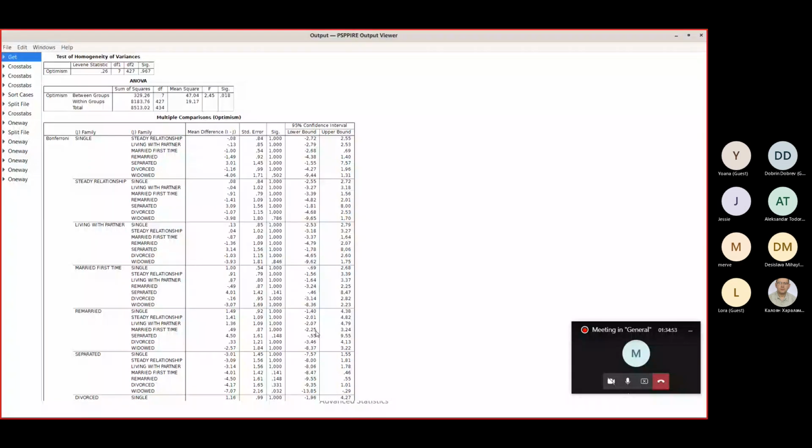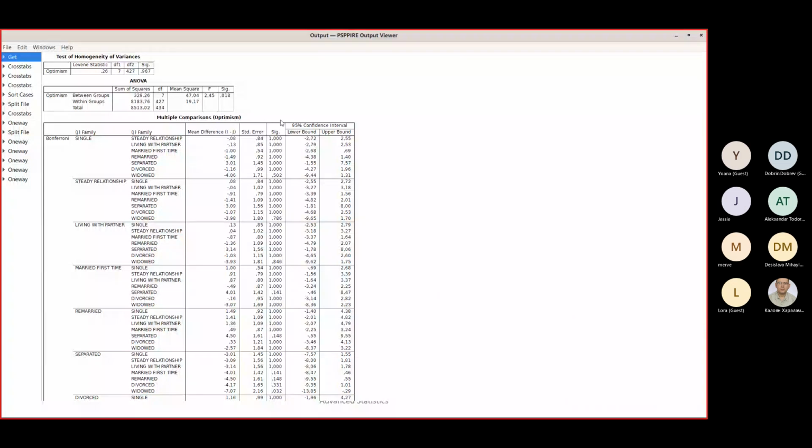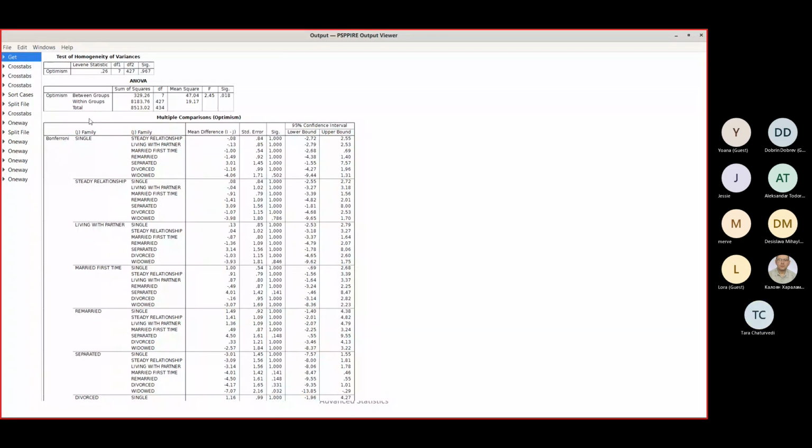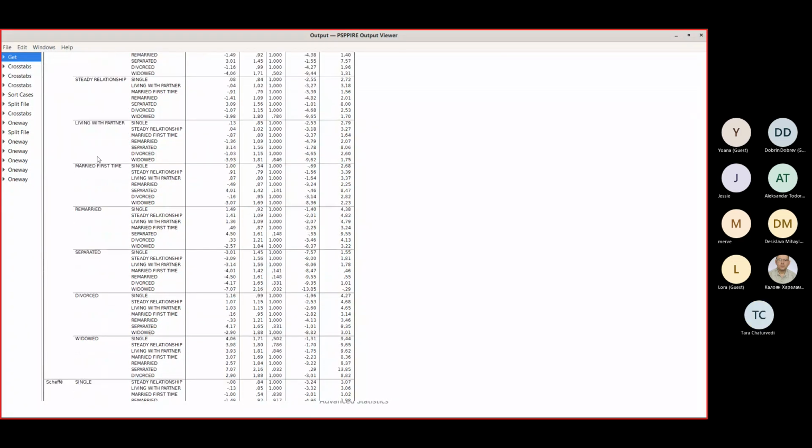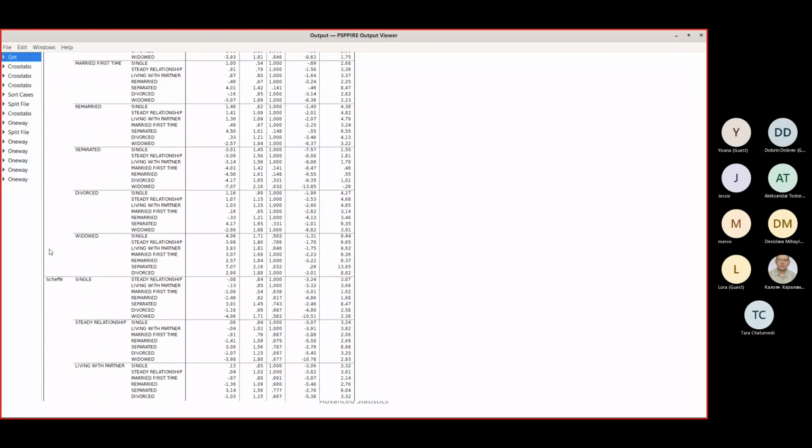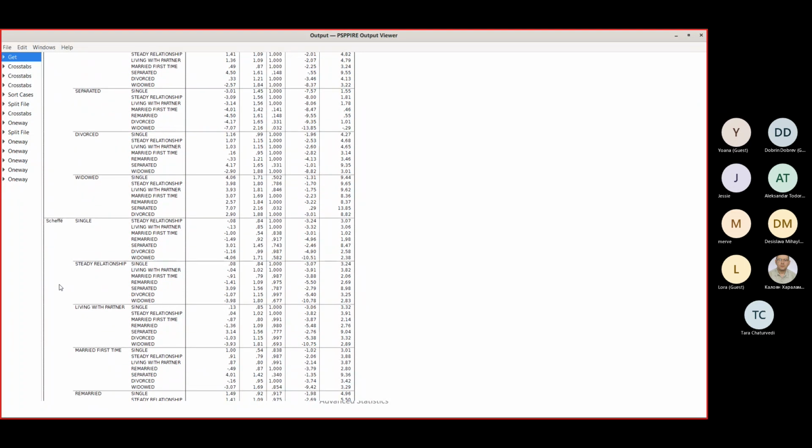Okay. So before the break, I said that in this table we can see the pairwise comparisons, and in one table the results of three different methods are presented.